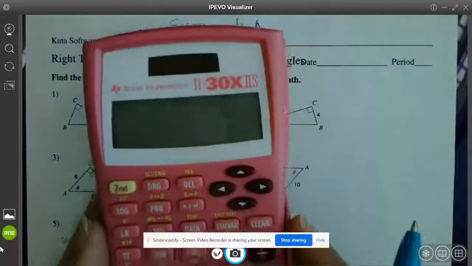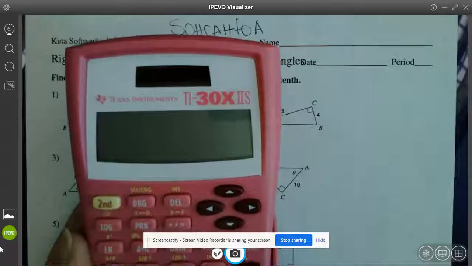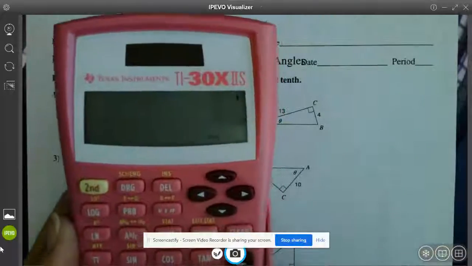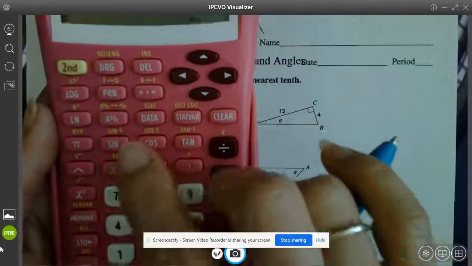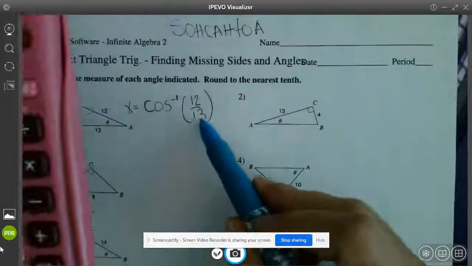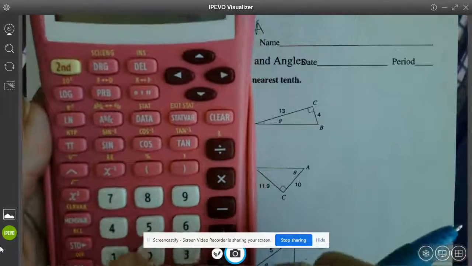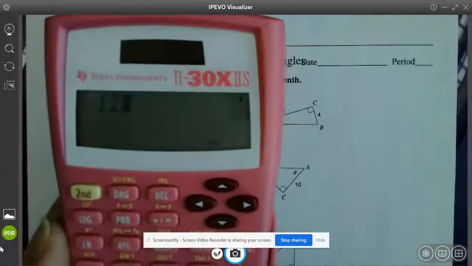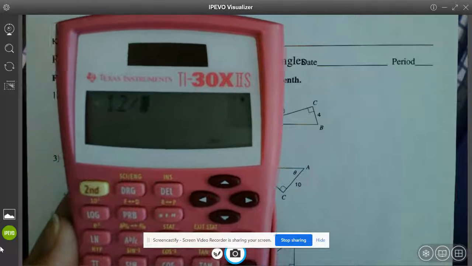Now, if you have a calculator like this one, clear everything out and use 12 divided by 13.